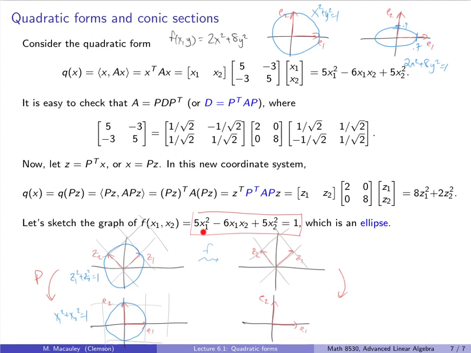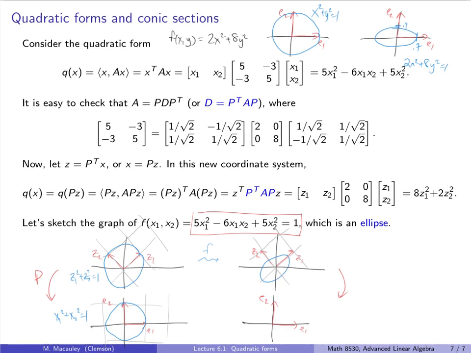So if I sketch this thing down here, it's not clear whether it's an ellipse or hyperbola or something else, or how it's going to be oriented. But if I sketch it up here, now you can see, oh yeah, this is what happens. It's an ellipse and it's longer in the E1 direction than the E2 direction. Of course up here that's the Z1 and the Z2 direction. So if I sketch that, it's going to look sort of like this.